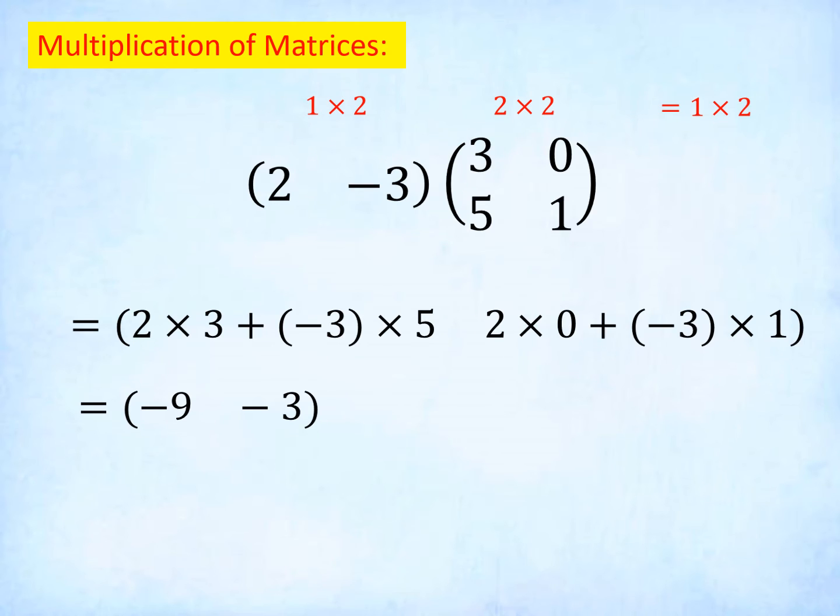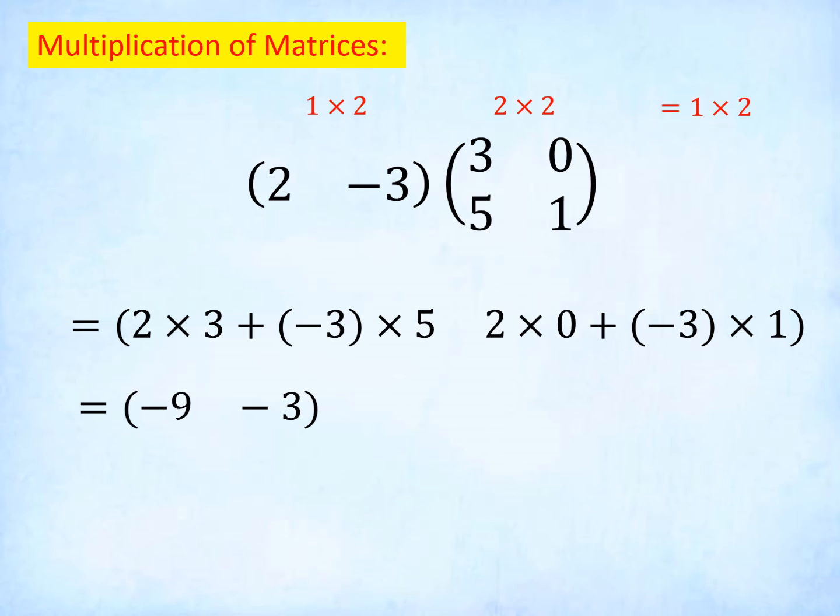Now let's move on to the next one. What if we have to multiply a 1 by 2 by a 2 by 2? In here, the order of the product is equal to 1 by 2. So we already know what to do in here.